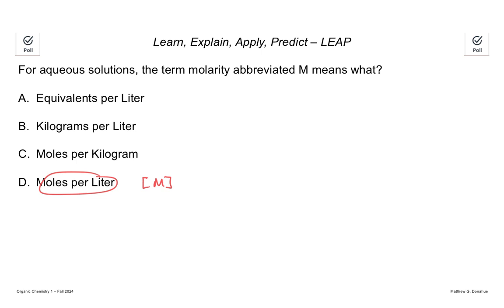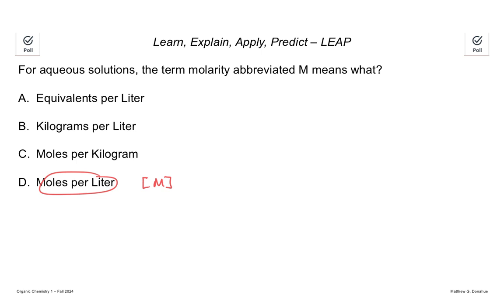The other ones are used in Gen Chem, they're used in analytical, but they're kind of a pain in the butt to deal with, right? Moles per kilogram, kilograms per liter, that's sort of like density, and equivalence.